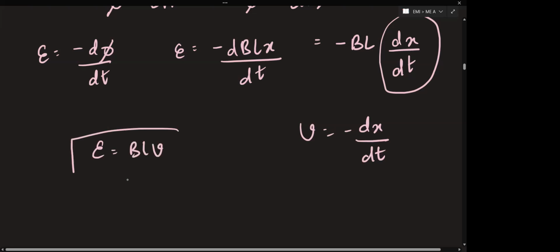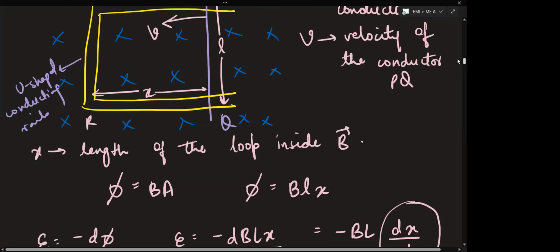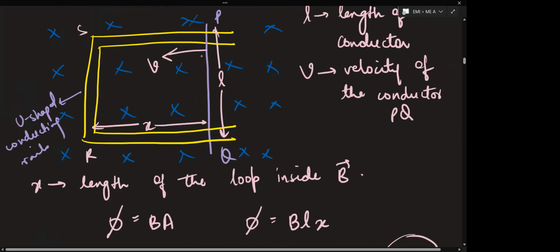Now, why did we write it as minus dx over dt, not dx over dt? We wrote it as minus dx over dt because velocity v is in the decreasing direction of x. Just look at the figure. Velocity is towards the left. As velocity points towards the left, this x is decreasing. Had the velocity been on the other side, x would have increased. So both are in opposite directions.